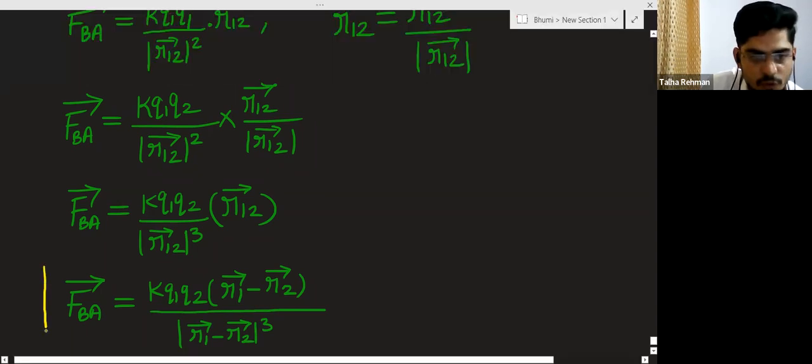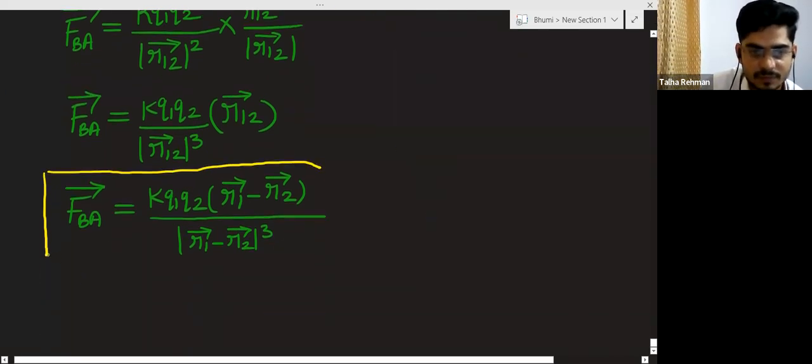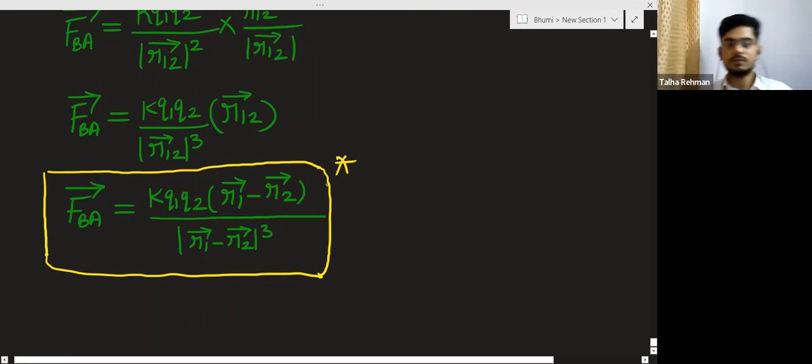So this is the Coulomb's law in vector form.